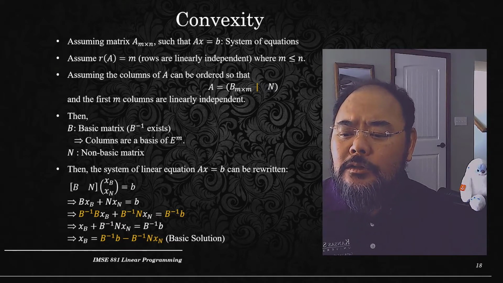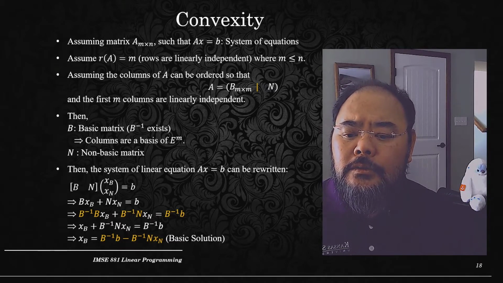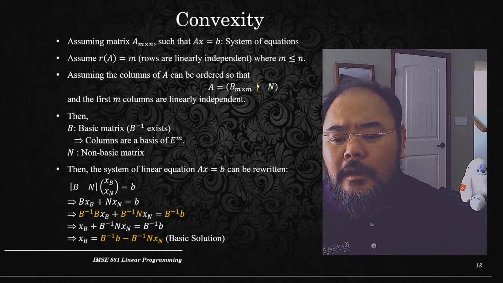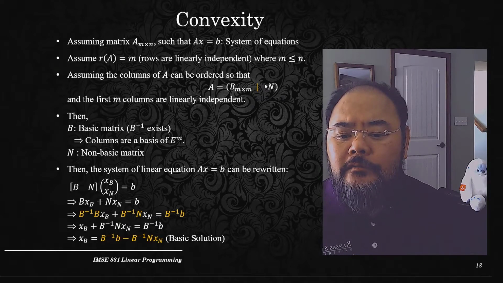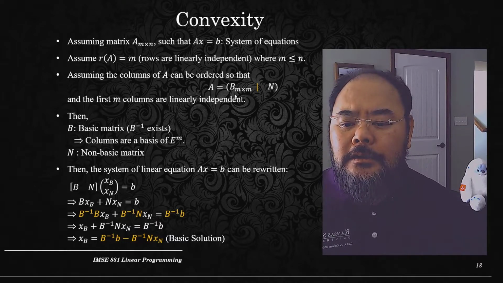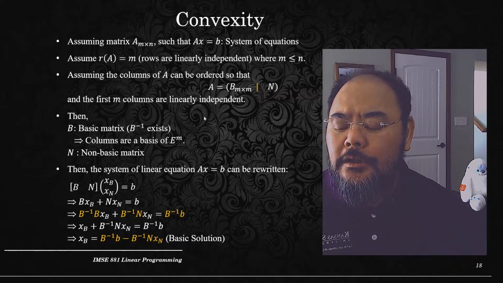Okay, assuming the columns can be ordered so that the first m columns are in the square part B, and the rest of the columns are put in the N matrix. Then we luckily find that B inverse actually exists. That means all the columns in B are linearly independent.